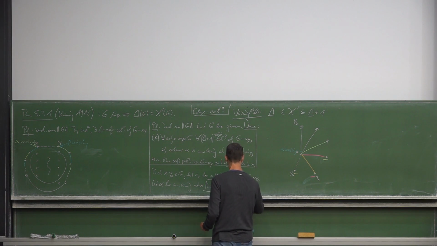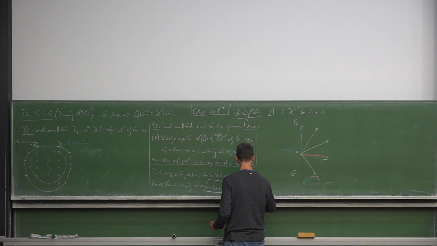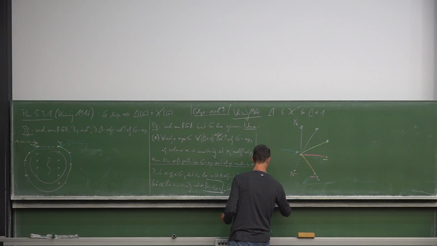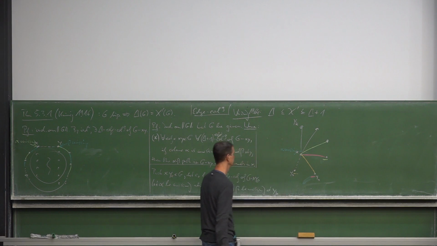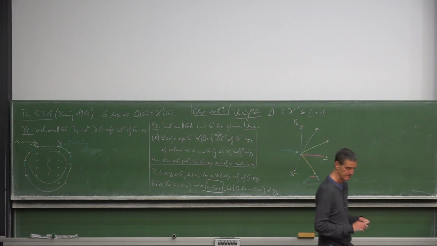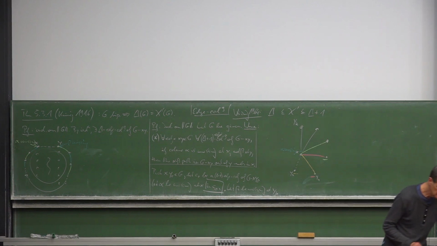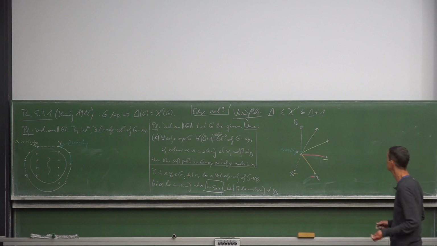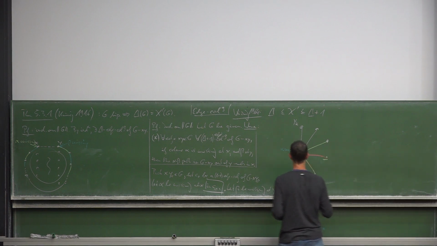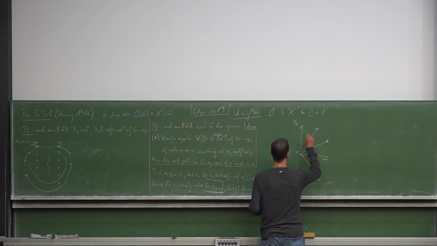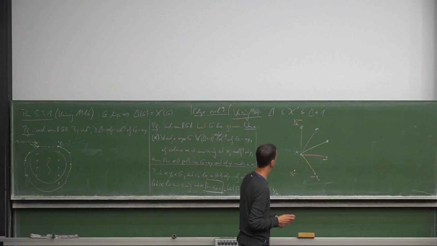Let beta be missing at YK. Okay, that's brown.